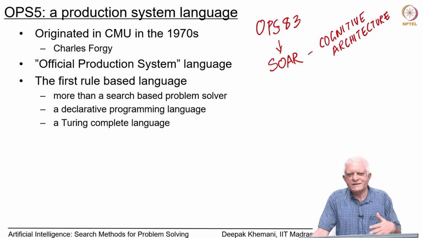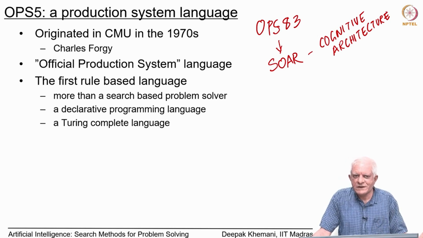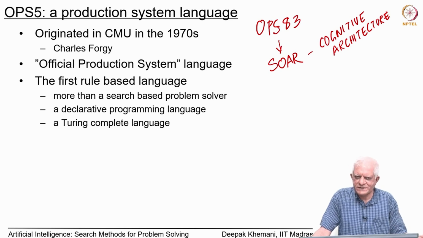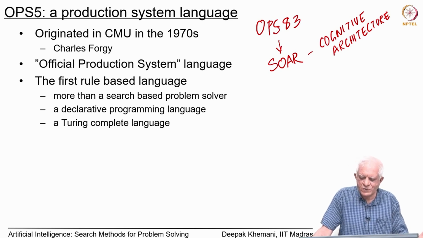And remember that is the general flavor of AI that we are looking at, weak methods in problem solving, where somebody devises a problem solving system, and the user just puts in the problem and related data along with it. So, it has its own evolution, and the latest version is called SOAR.